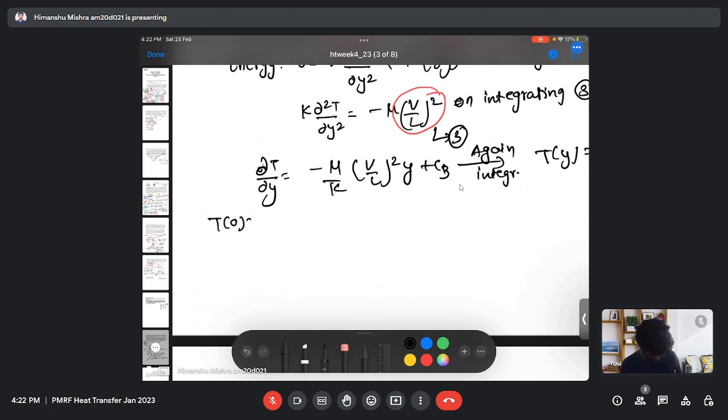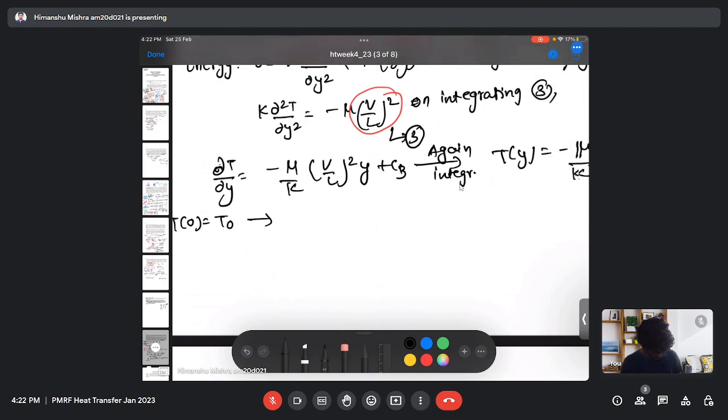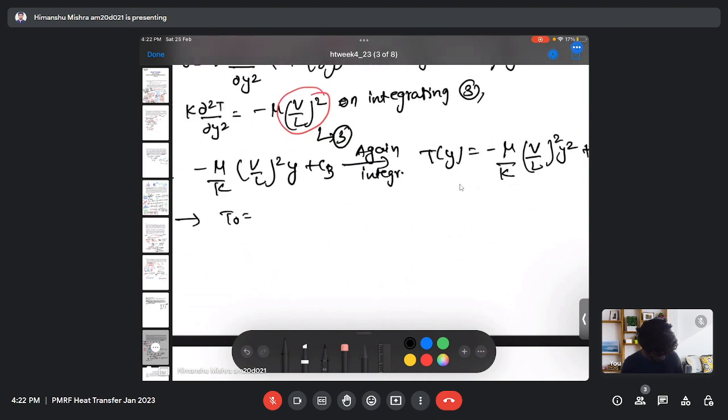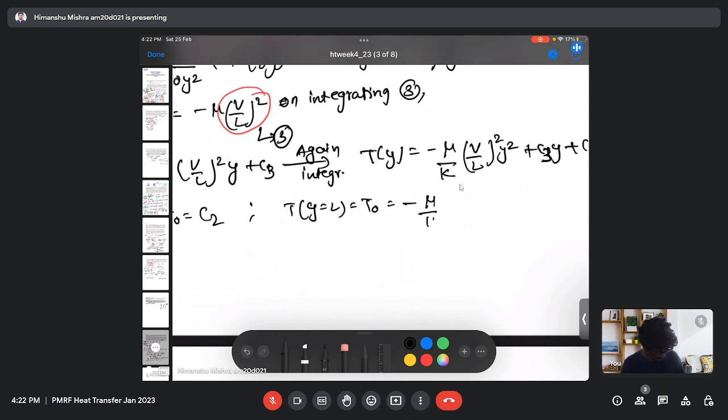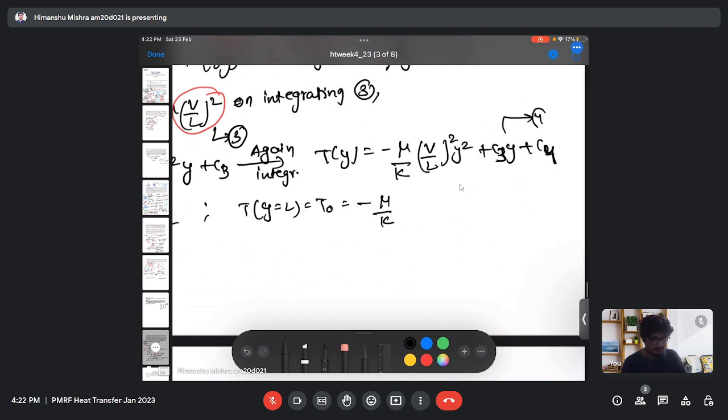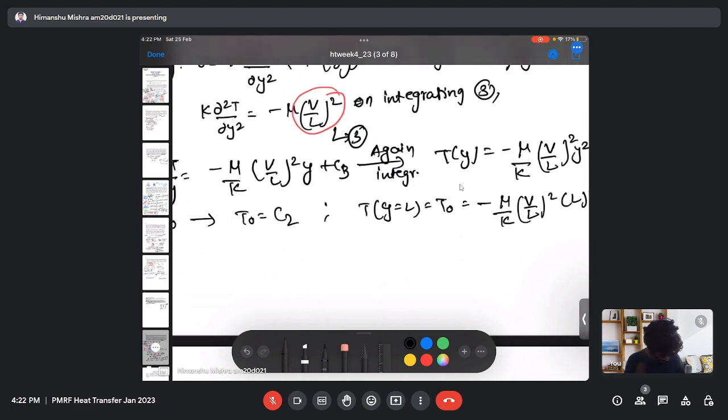So at y equals 0, this will give C4, and at y equals L, I will get from equation 4, this is my L square, C3 L plus T naught. Oh, sorry, this is C4.